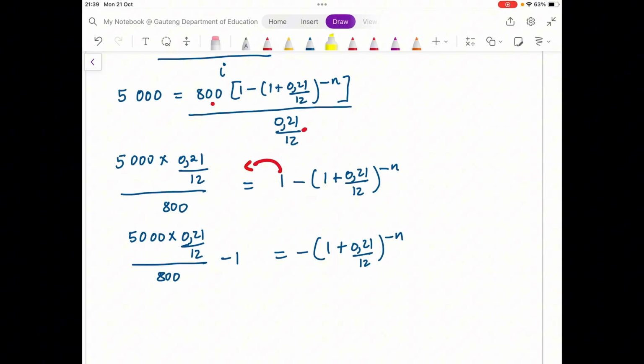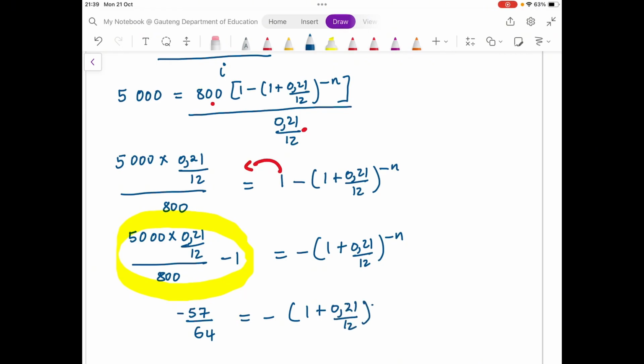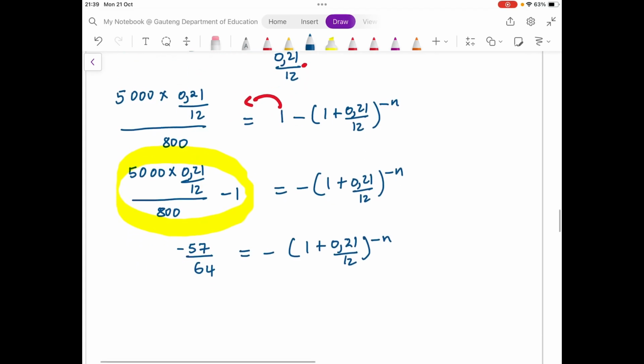Now this gives me minus 57 over 64 is equal to negative 1 plus 0.21 over 12 to the exponent negative n.